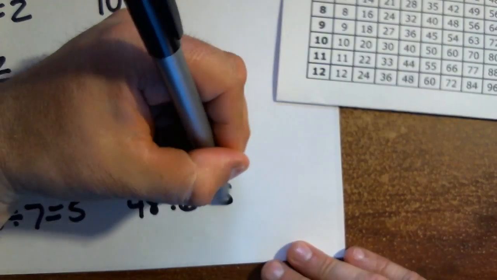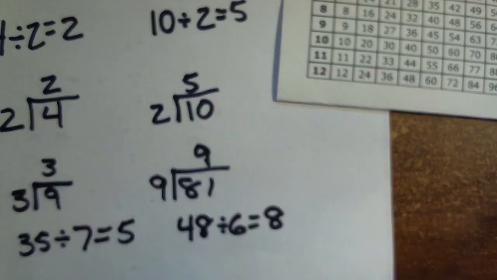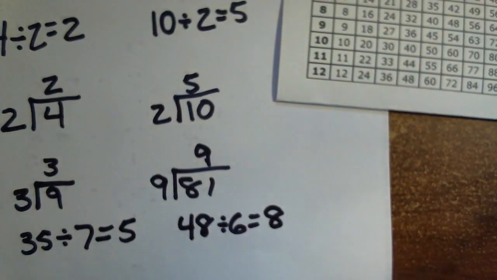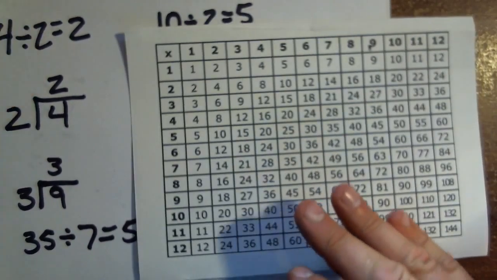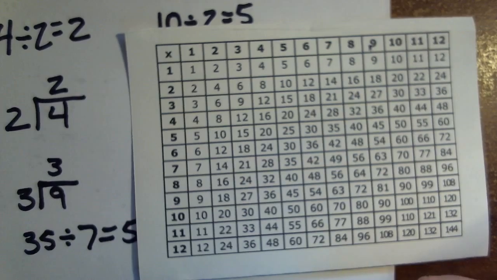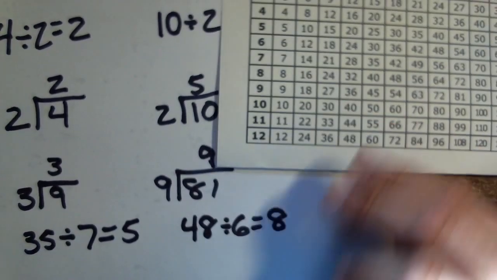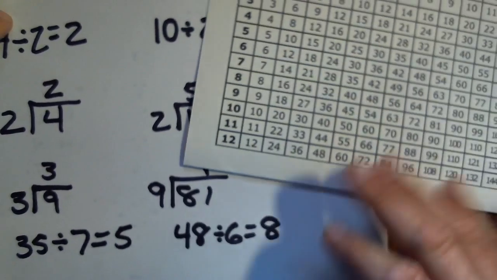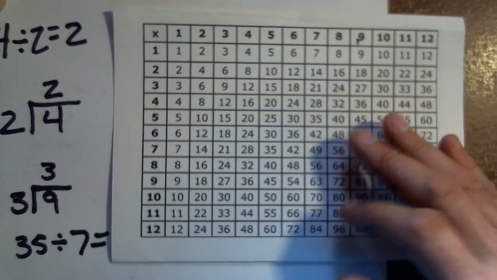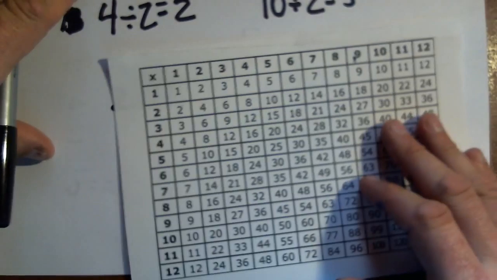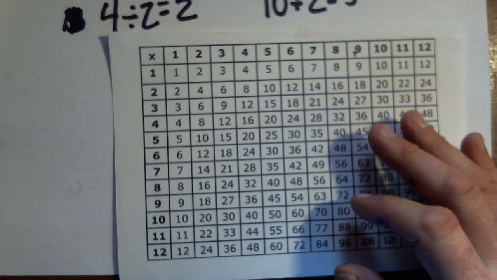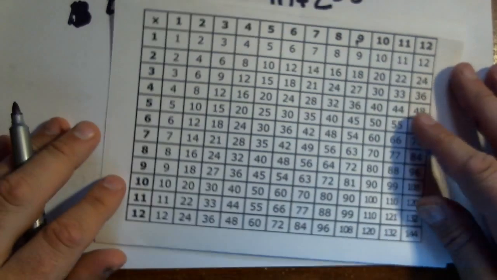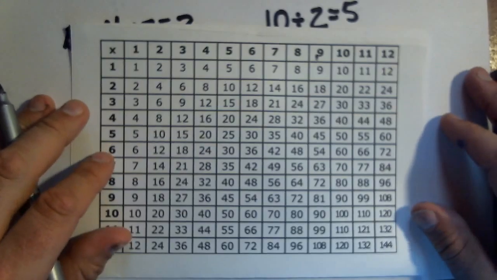So 48 divided by 6 is 8. So this is the basic method for division. So using your times table is the easiest way. And then after we've learned our times table and gotten more comfortable with this, we can start to drop the times table. But this is by far the easiest way to begin doing division.